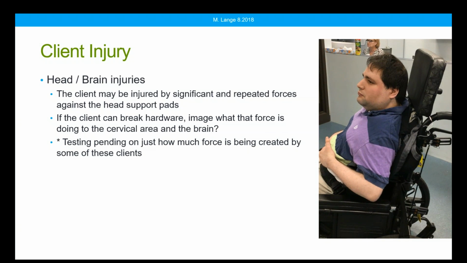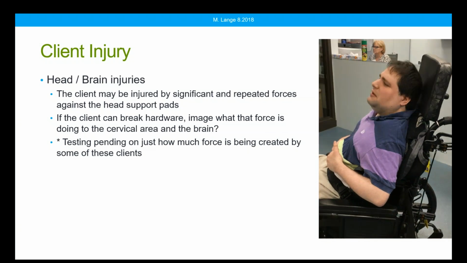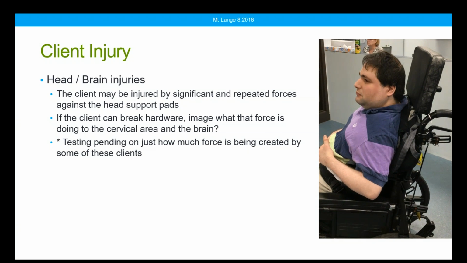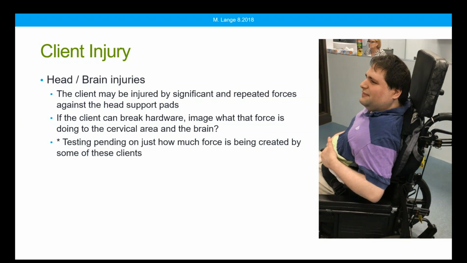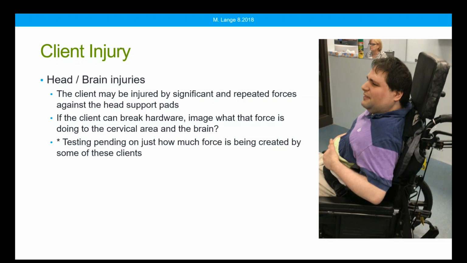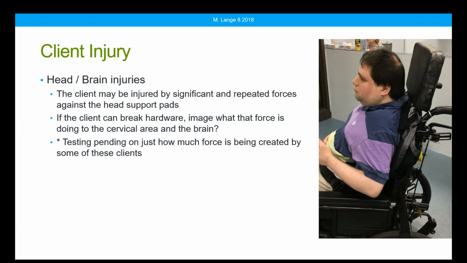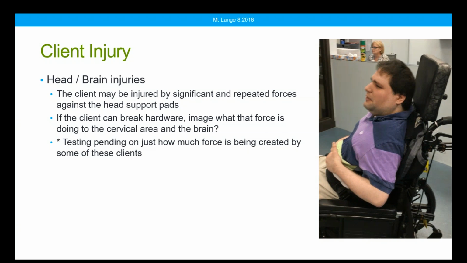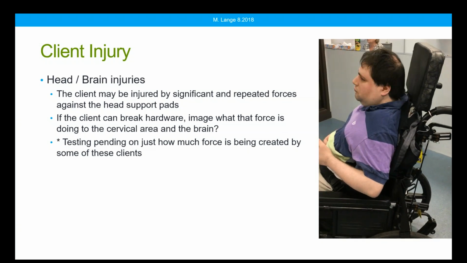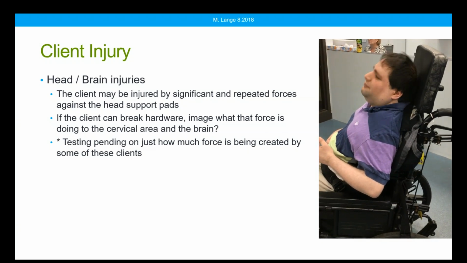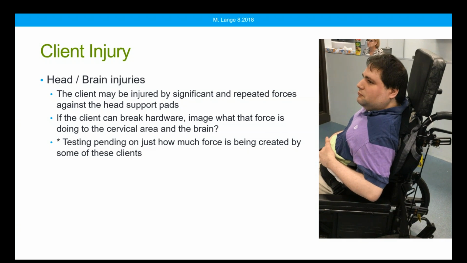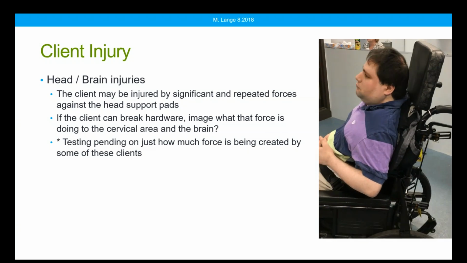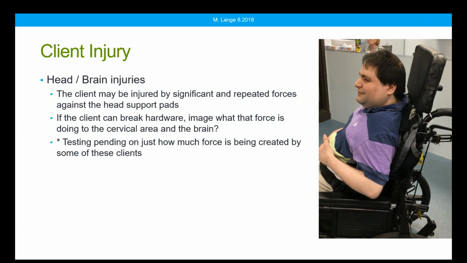Now, right now, and I wish I had those results, but I do not, a colleague of mine, Suzanne Eason, who is in Virginia, works at a residential facility, and is working in her spare time at placing some pressure maps, some smaller ones, across the head surface of several of her clients who have broken hardware in the past, to get a better sense of just how much force some of these clients are actually exerting against the head pad.